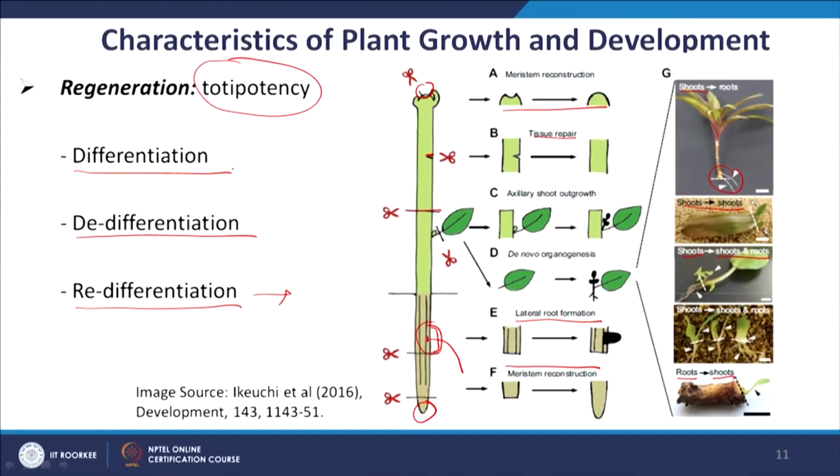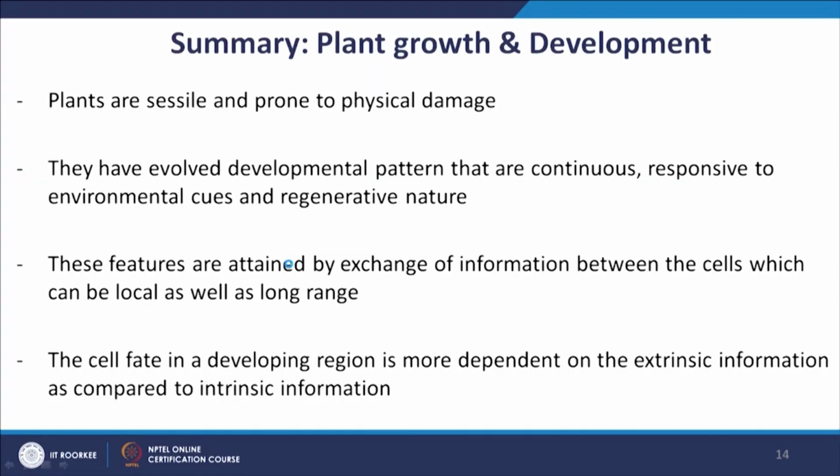So, plant cells also have the capability that even if they are differentiated, if the proper signal is given, if required, they can undergo de-differentiation and then redifferentiation. If we summarize all the characteristic features of plant growth and development, plants are sessile and very prone to physical damage, and that is why they have evolved a developmental pattern that is continuous, responsive to environmental cues and regenerative in nature.